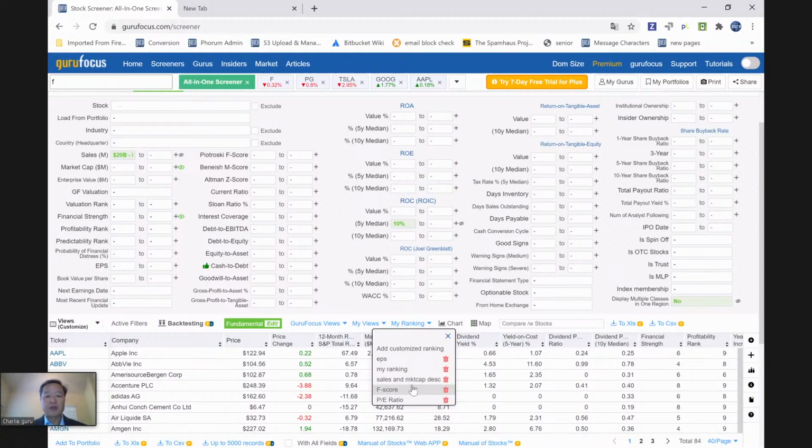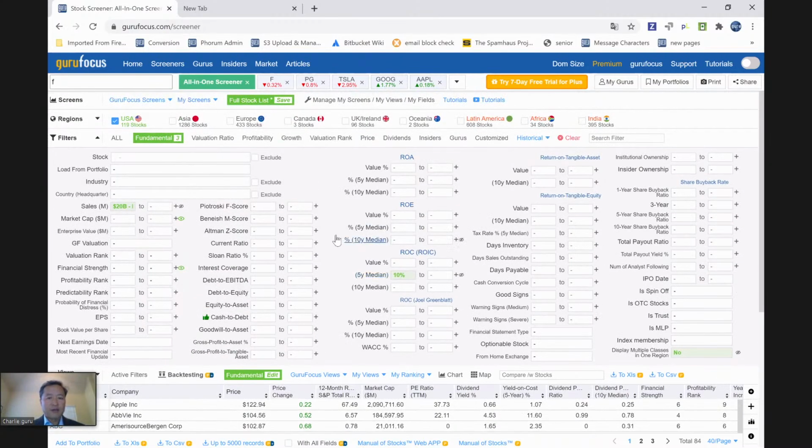You will be able to save it and bring it up next time to rank with your own ranking method. It's a new feature we developed lately. Okay, that's historical ranking, customized ranking, and historical parameters.